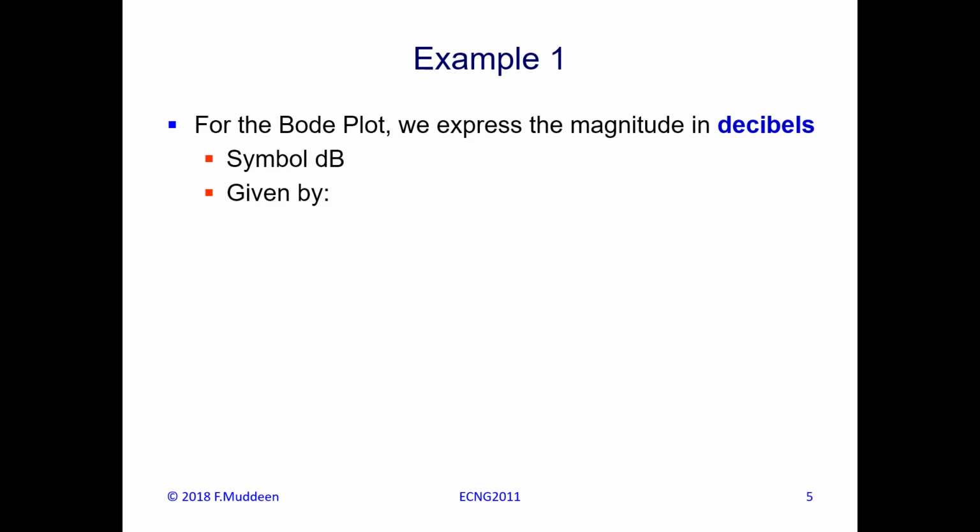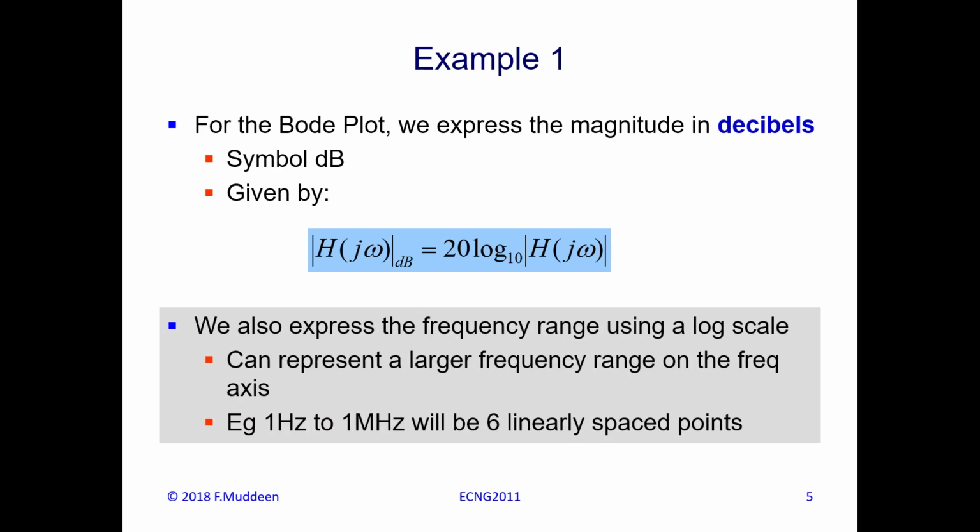In general, for the magnitude plot, we tend to represent this in decibels. And the equation for this mapping from a constant or any real and imaginary component or complex number that we may be given is 20 log 10 of whatever that expression is. And because we're using a log equation here, our x-axis needs to be in a logarithmic scale.